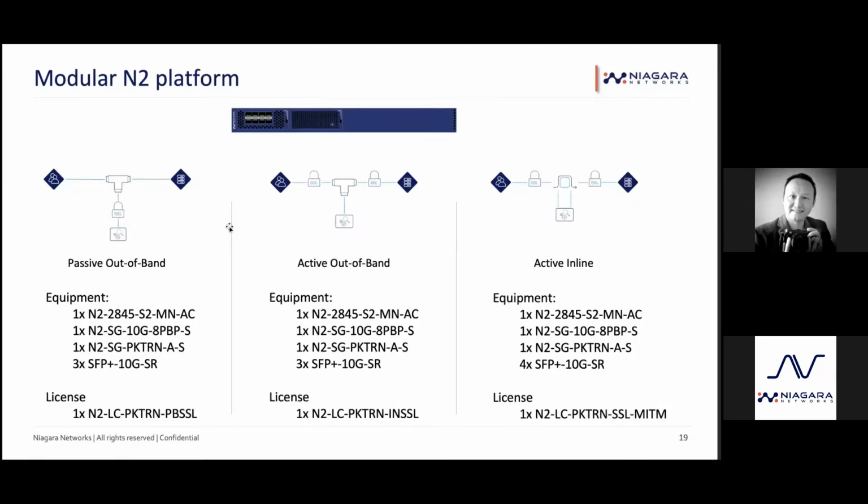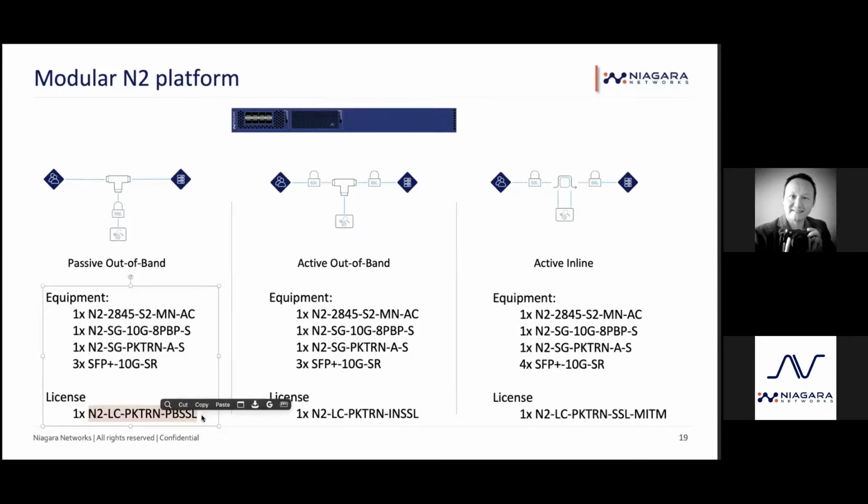So if we look at a passive out-of-band deployment, we do use the chassis 2845, that's the smallest one, an 8-port packet broker module, a Packetron, a couple of SFPs, and a decryption engine or the decryption license.